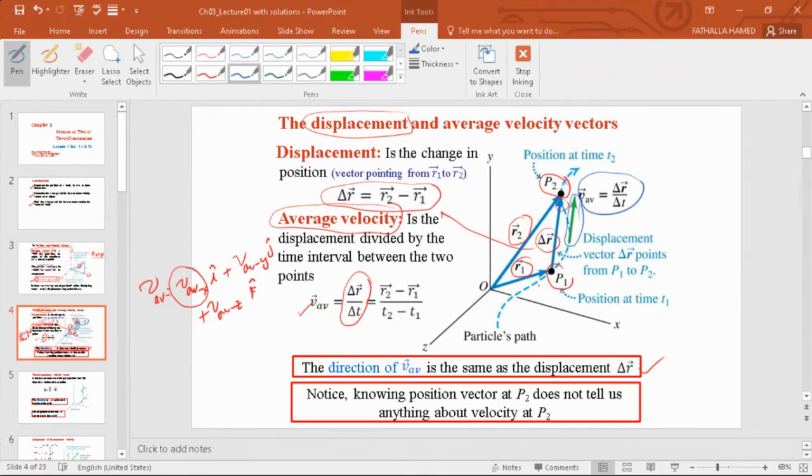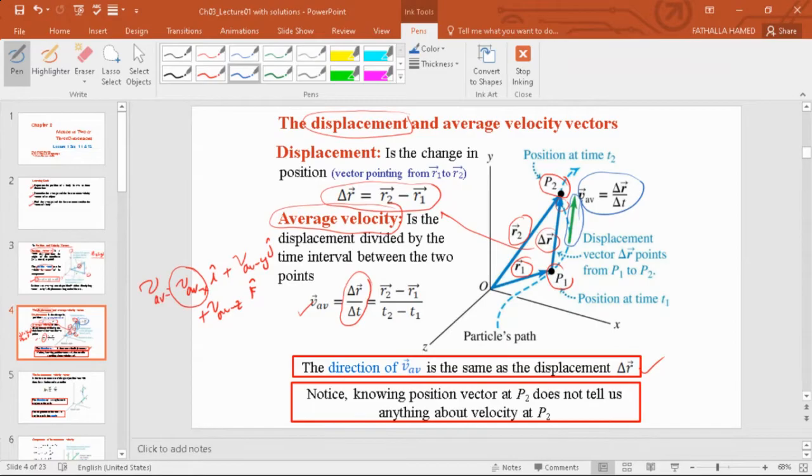Now, we'll discuss later on that's the path of the particle. You can have the blue path here, and you're choosing P1 and P2. But my average velocity will be in the direction of delta r here. That's why it is represented here by the green arrow.